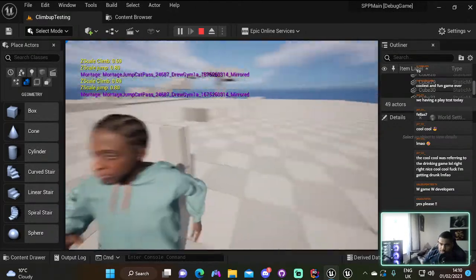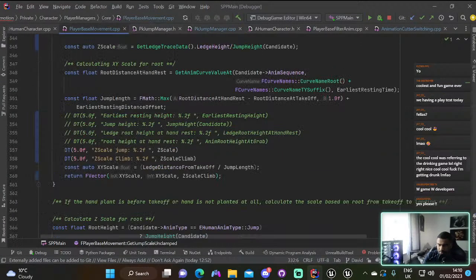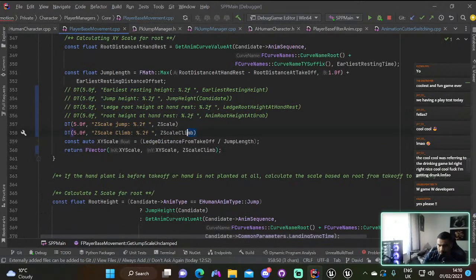I'm guessing some of these have a really crazy XY scale. Hold on, let me check.